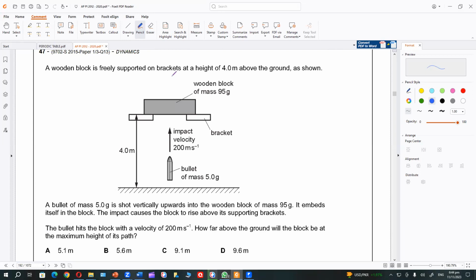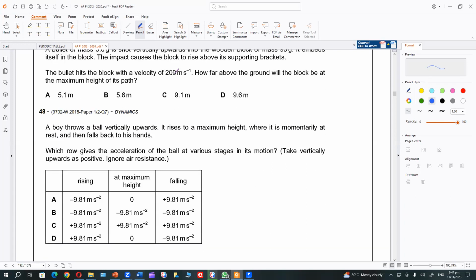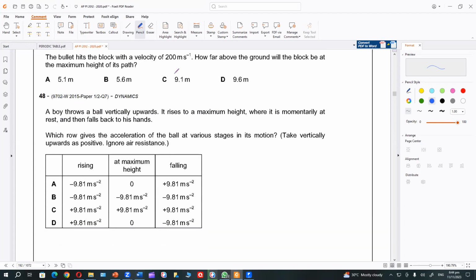A wooden block is freely supported. Now this is question 48.